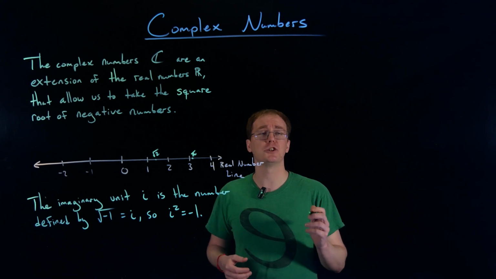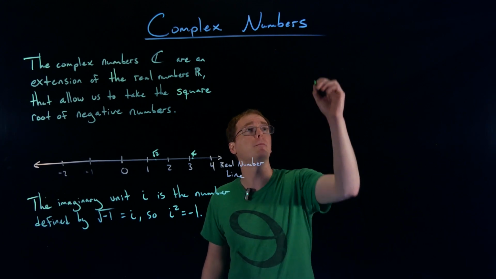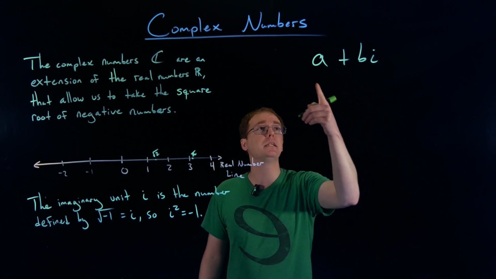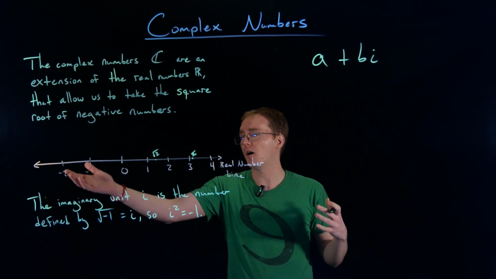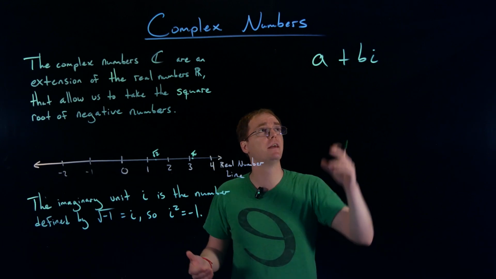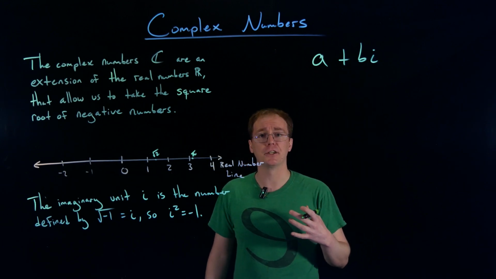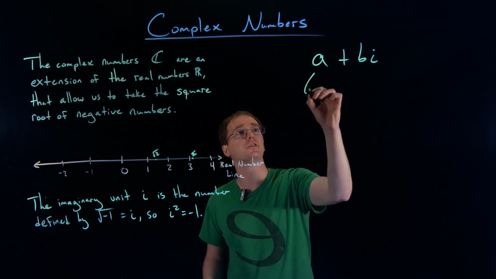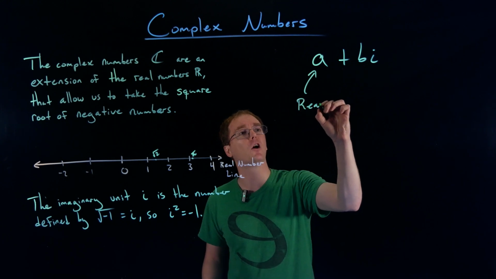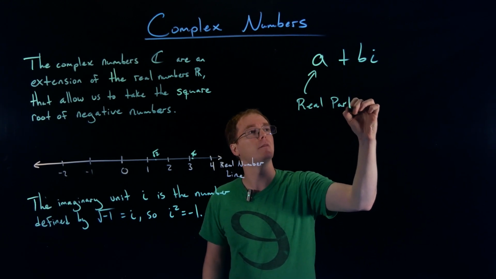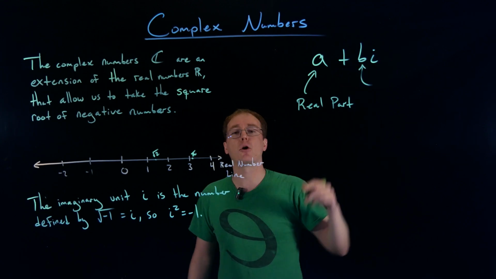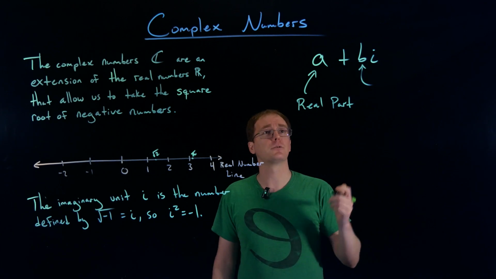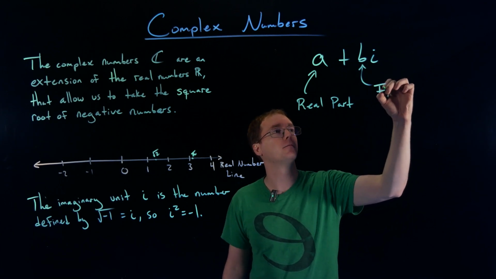These complex numbers in general can be written in the following form of a plus b times i, where a and b are both real numbers, the numbers on the real number line that we are very comfortable with, and i is our imaginary unit representing the square root of -1. a is referred to as the real part of our complex number. And just that number b, that part that is multiplied by i or the square root of -1, that number b is referred to as the imaginary part.